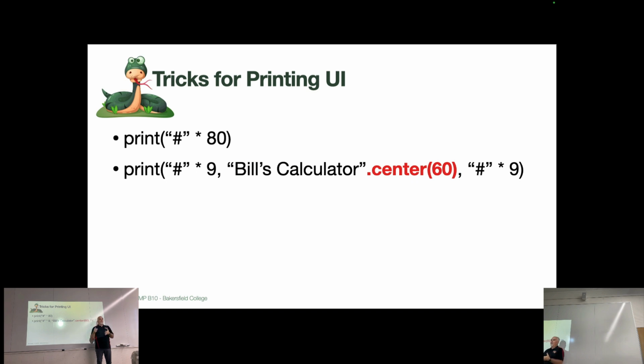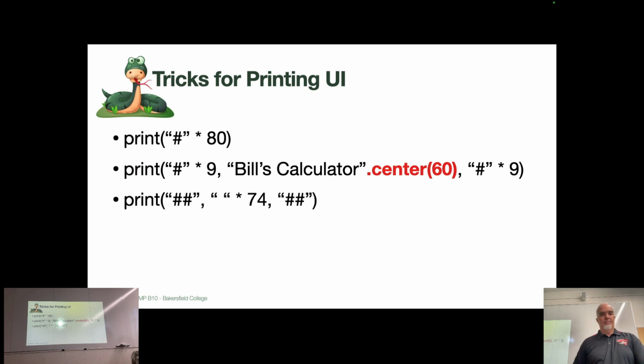Now, if you have an even number of spaces and an odd number of characters, it will be shifted one grid space over, because you can't force an odd into an even and have it be right in the middle. But in this case, it prints 9 hashtags, a space, and then a group of 60 blank spaces with Bill's calculator in the middle, and then 9 more.